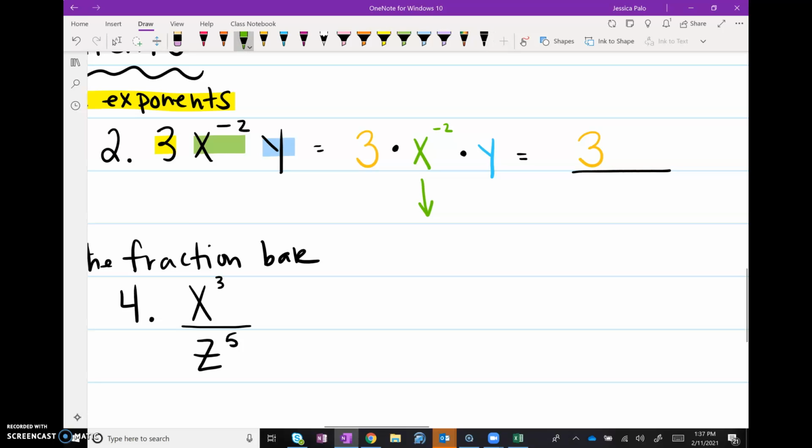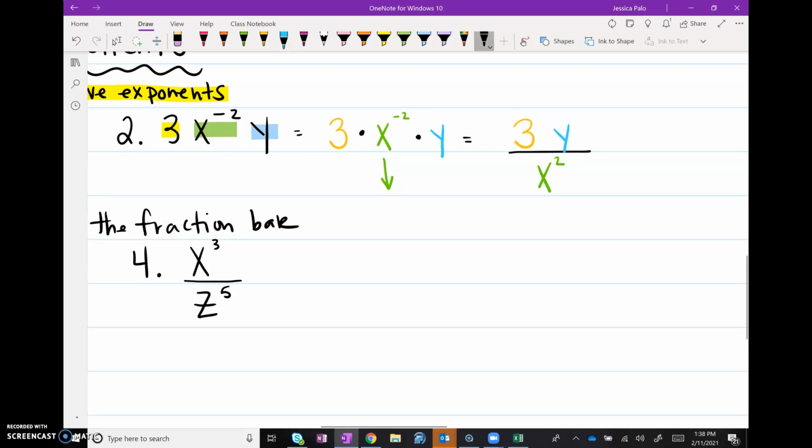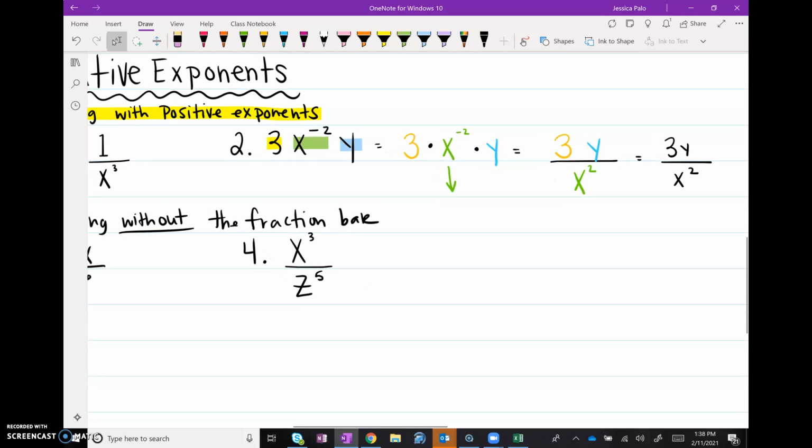Our x to the negative second comes down and becomes x to the positive second, and then we still have y in the numerator. So your final answer is 3y over x squared.